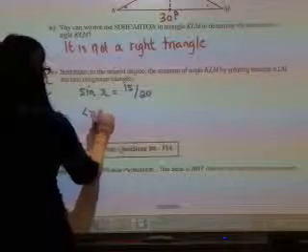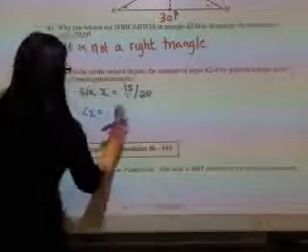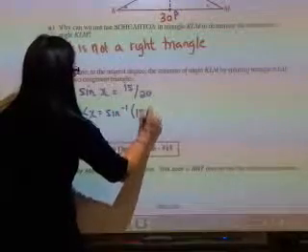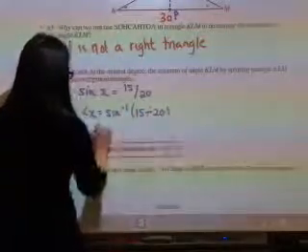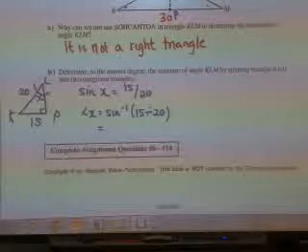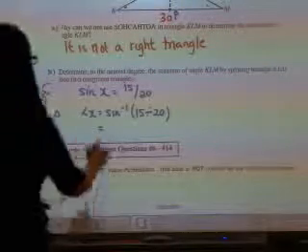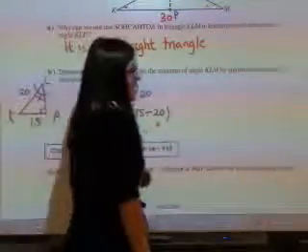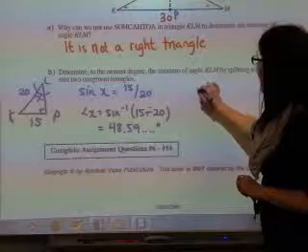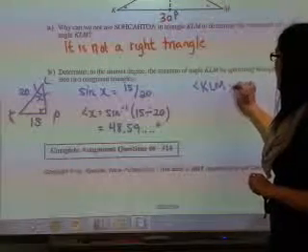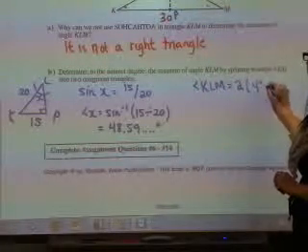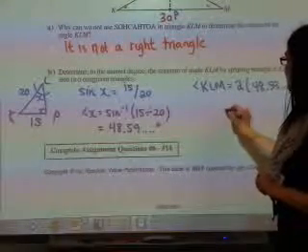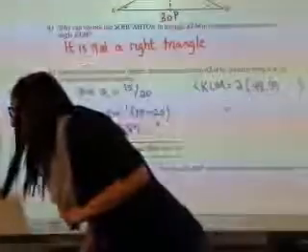So then angle X would be the sine inverse of 15 divided by 20, and I get 48.59 degrees. So then angle KLM would be 2 times that amount.